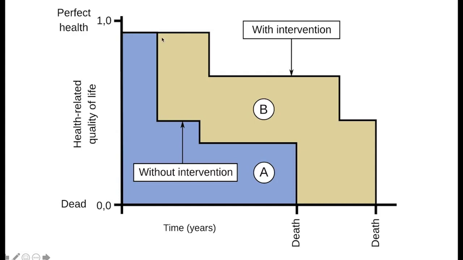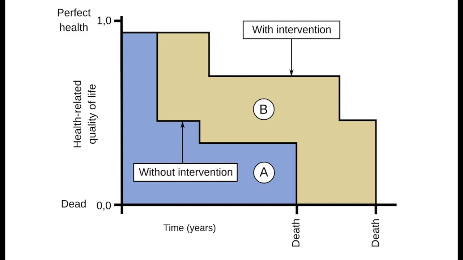And then they have a disease, it drops down, and then without intervention, they get some worse quality of life, and then it drops down here, and ultimately they die. In the second case, there's some treatment, and the patient lives longer, but also with higher quality of life. And you can see that the areas under B and A are different. B has a greater area, greater quality of life than A.